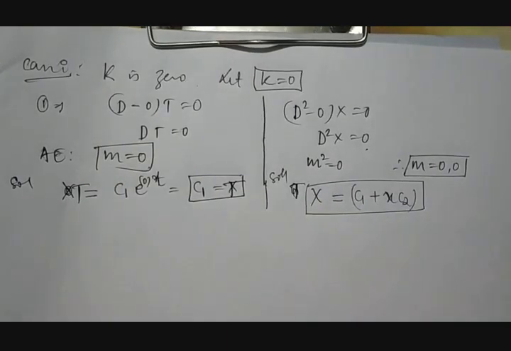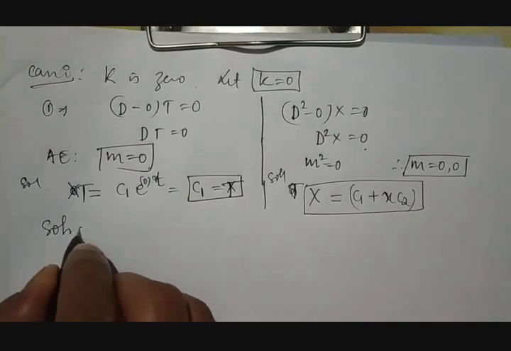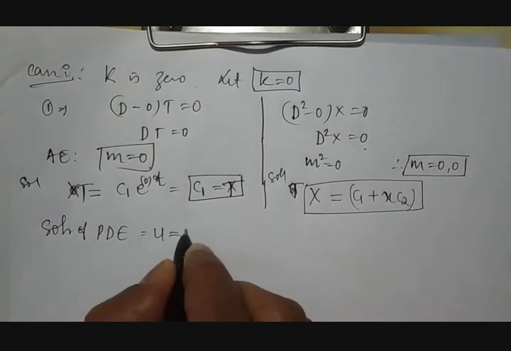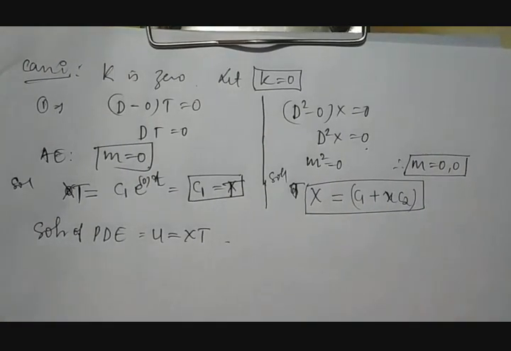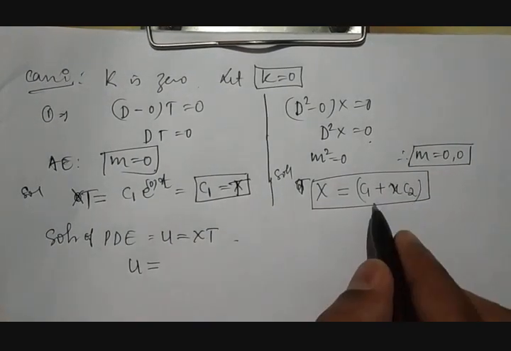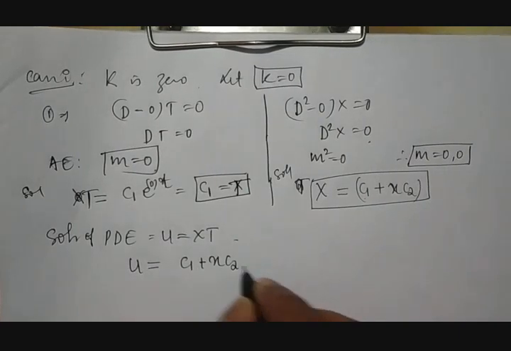When we have these two results, we get the further continuation. Finally, the solution of the PDE is u equal to x into t. Therefore, u is equal to x, which is C1 plus x into C2.